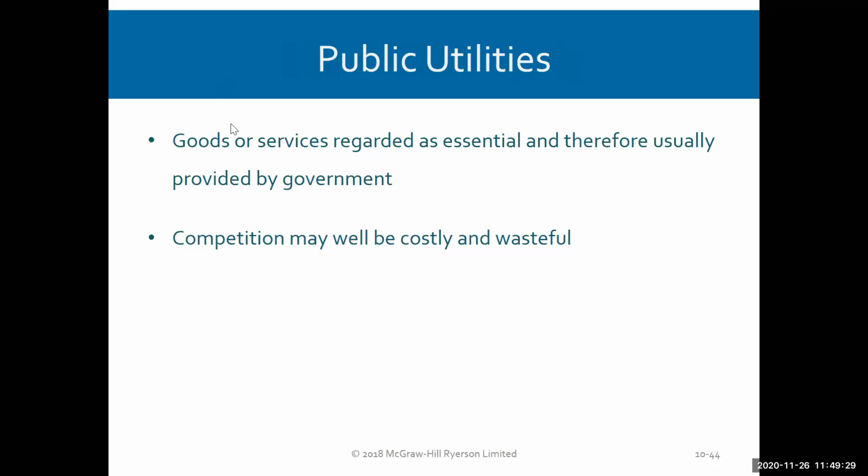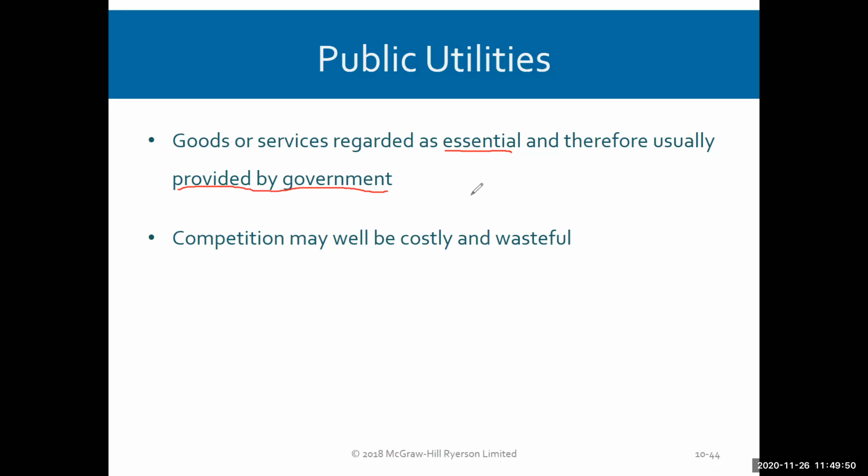But for now, let's look at another very popular type of monopoly that you'll come across. These are called public utilities. A public utility is a good or service that's regarded as essential, and therefore it's usually provided, owned, and run by the government.